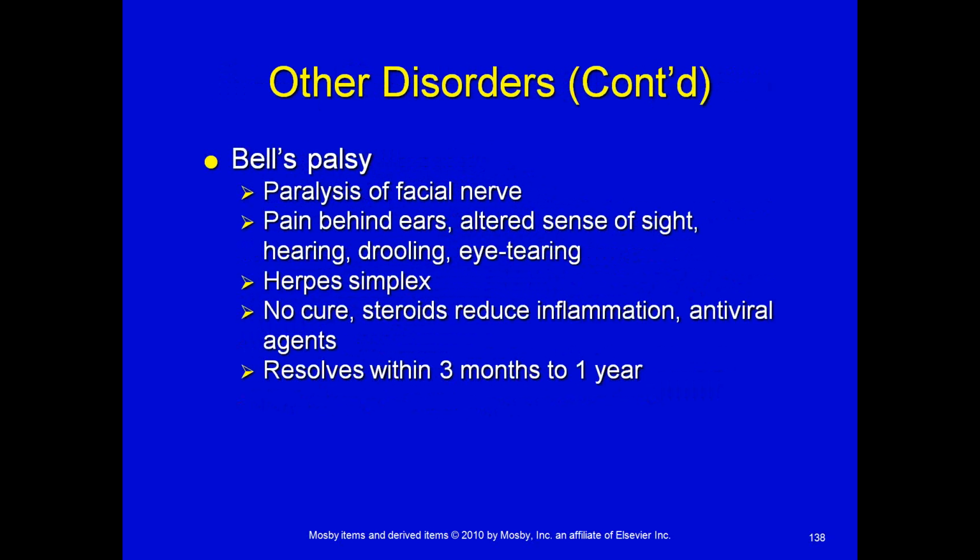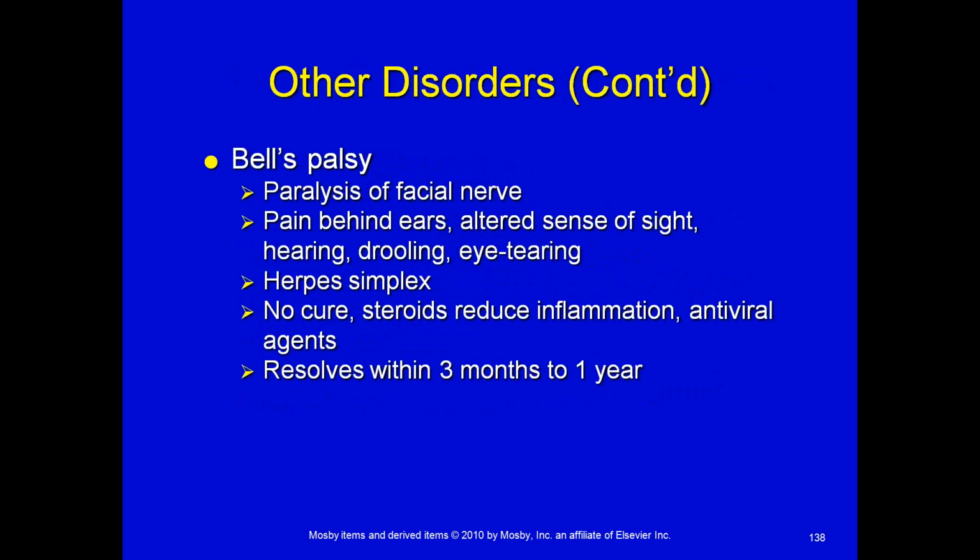Bell's palsy, again, paralysis of the facial nerve, may present with pain behind the ears, altered sense of sight, altered sense of hearing. There may be drooling, eye tearing, believed to be caused by herpes simplex, the same thing that causes cold sores. There is no cure.